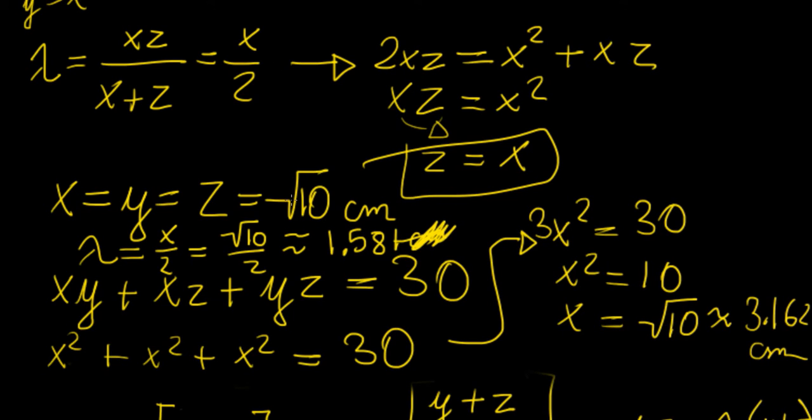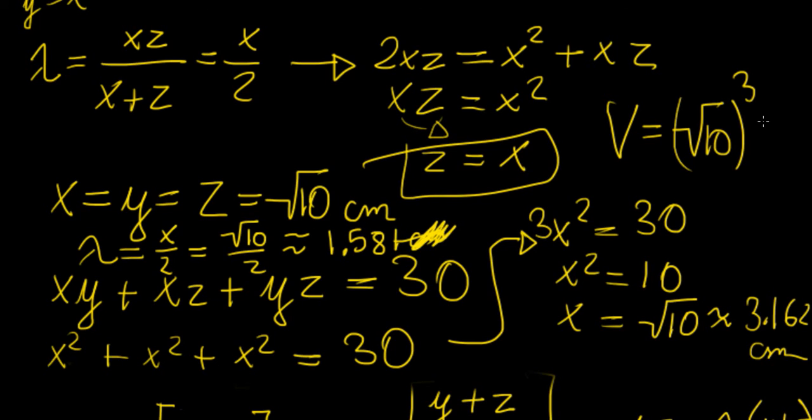So now that we have that, we can proceed and calculate what's the maximum volume that we can have given these dimensions and given this constraint for the surface area. So we had that our volume was xyz, so that means that we're just going to have this value to the power 3.